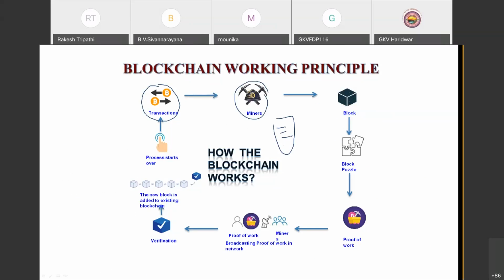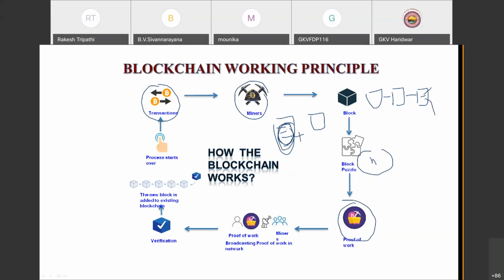From this transaction pool, they choose a set of transactions, and this transaction hash plus whatever ledger information they have. If they want to extend this block, they will use the hash of this block plus the hash of all these transactions plus the nonce, and it should be less than a target. So they try to solve a hash puzzle. This is also called proof of work.